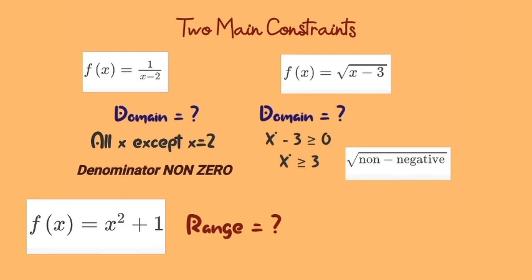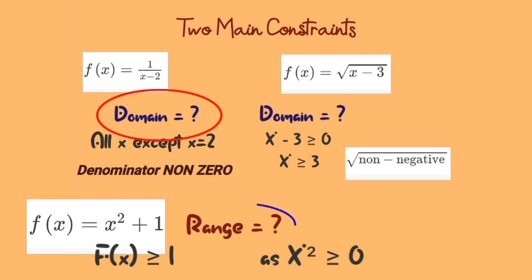So, the minimum value of the function will be 0 plus 1, which equals 1. f of x will be greater than or equal to 1 as x squared will be greater than or equal to 0. So, that was all about the domain and range.